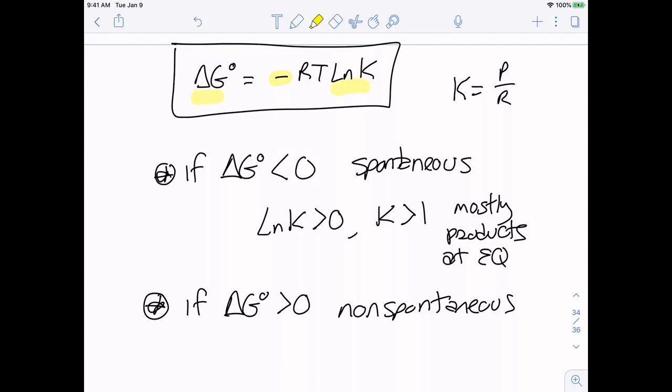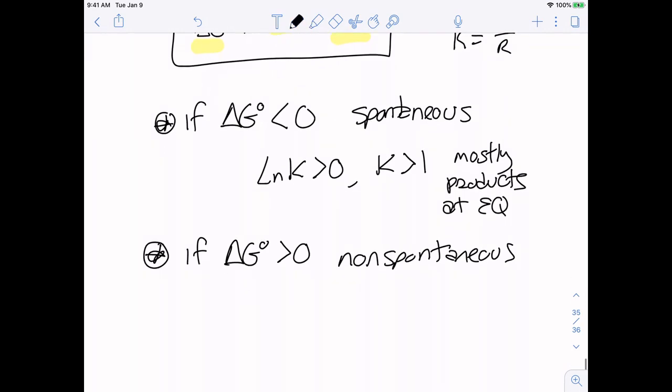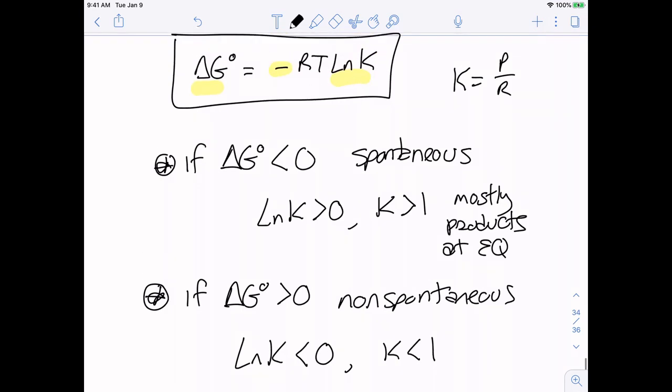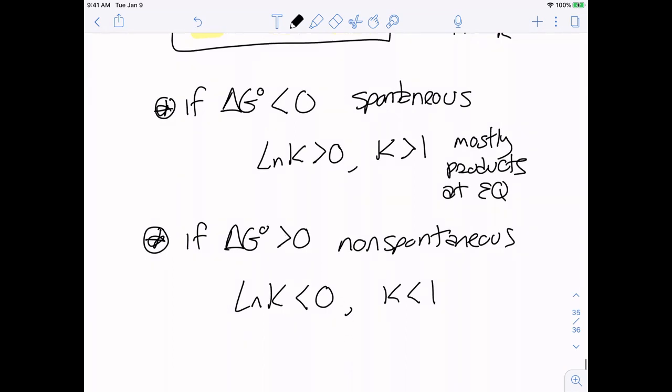I need a negative multiplied by a negative for it to come out to be a positive value. So I know that the natural log of K is less than 0, right? It's a negative value. So I know that K has to be less than 1, which means my number on the bottom is larger than my number on the top. So it's mostly reactants.